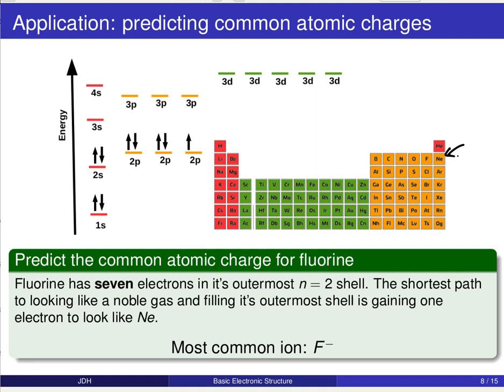So fluorine is most likely to gain an additional electron and then look like neon. If we were to write out the electron configuration of the corresponding F- ion, it would just be the electron configuration of neon. So we write neon, the chemical symbol, in brackets.